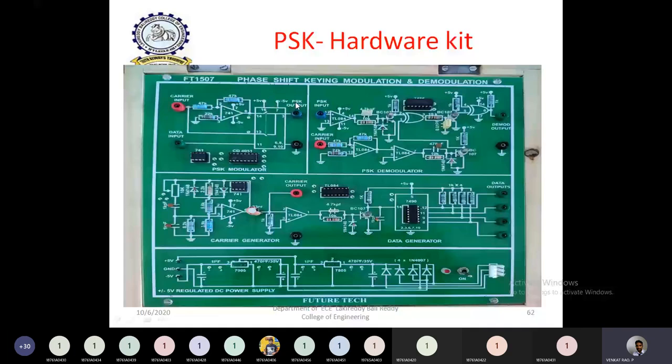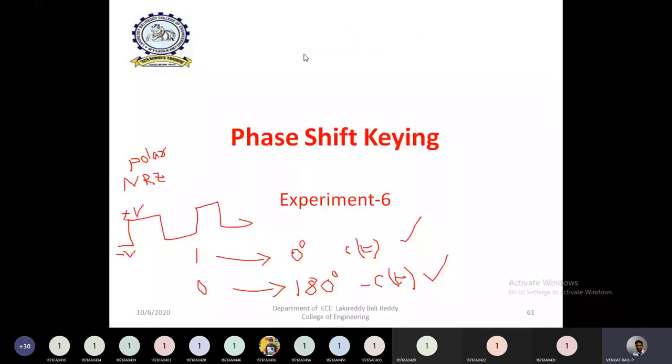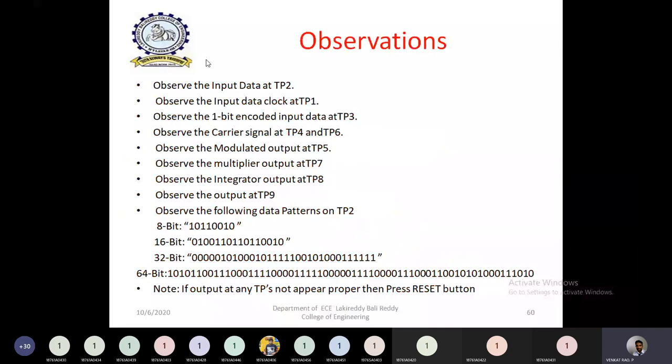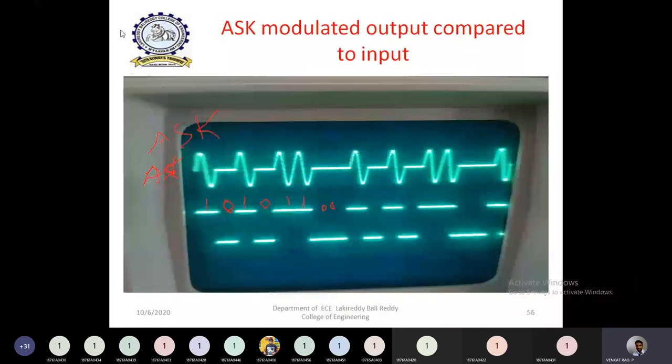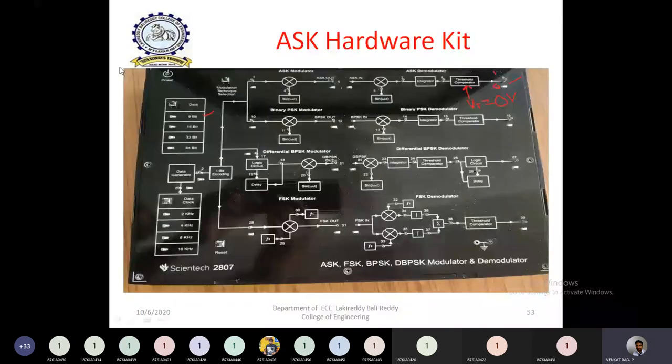Whereas if you observe the earlier digital experimental kit that we discussed in the previous class, that is this one, you can find ASK modulation and demodulation, PSK modulation and demodulation, DPSK, differential PSK modulation and demodulation, and also FSK modulation and demodulation.